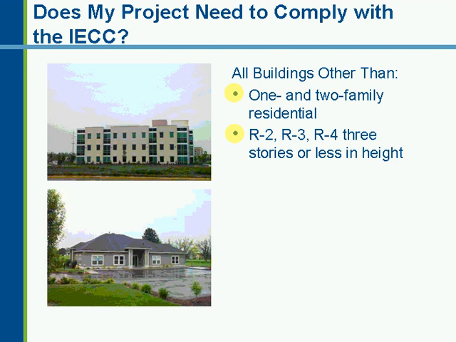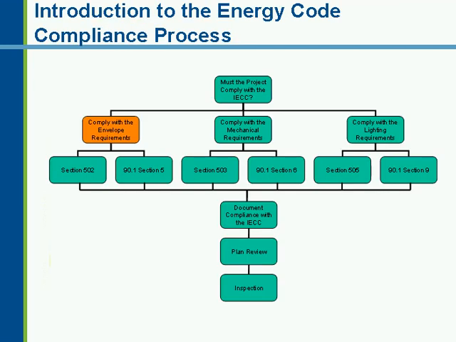Once we've decided that your project has to comply and it does fall underneath the commercial realm, then we again have a couple of different options on how to get the building envelope to comply.